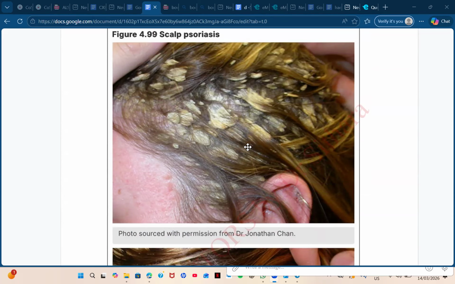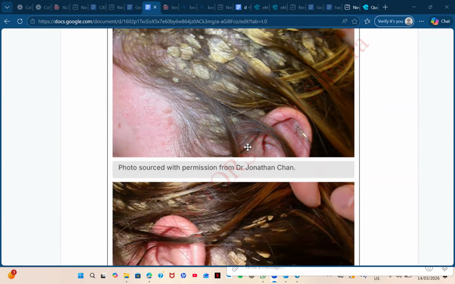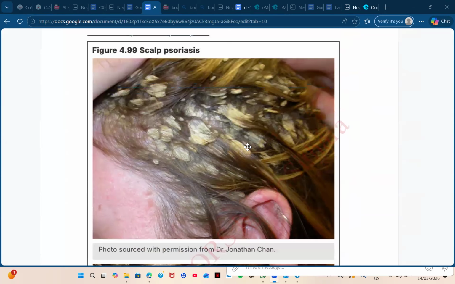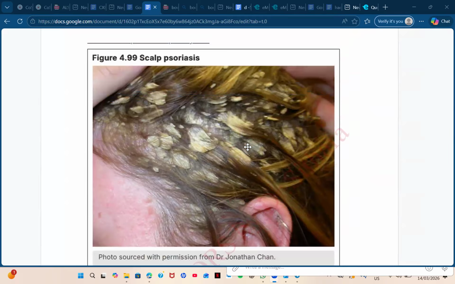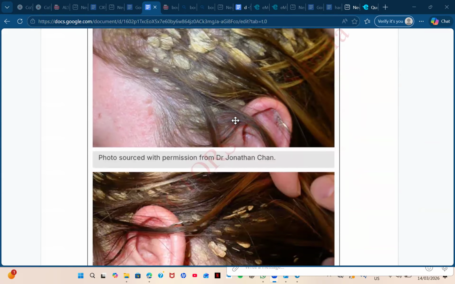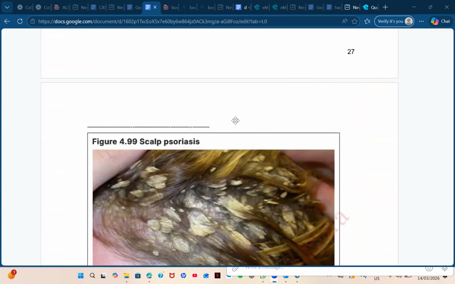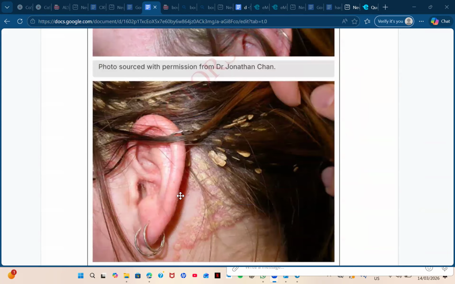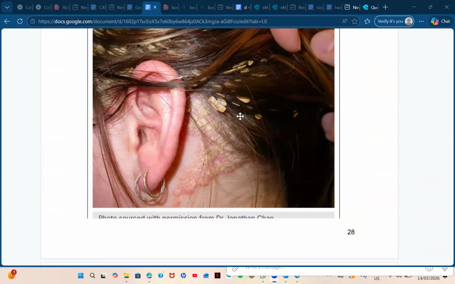Because we don't have time now, doctors. You have the therapeutic guidelines, and I know everyone has their own notes. If you don't have, just use my notes. I have highlighted these in the guidelines, and I think they are in my drive link. So remember the scalp psoriasis picture. Keep this in mind, okay?